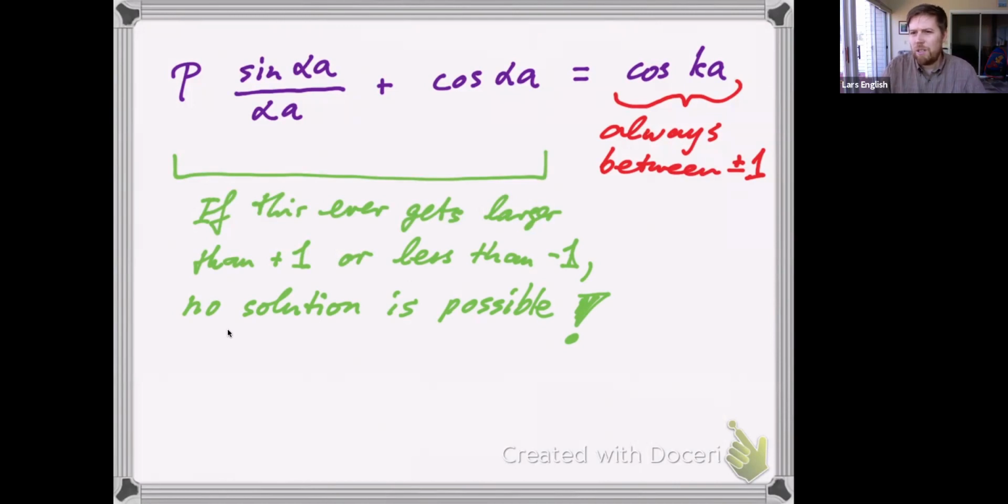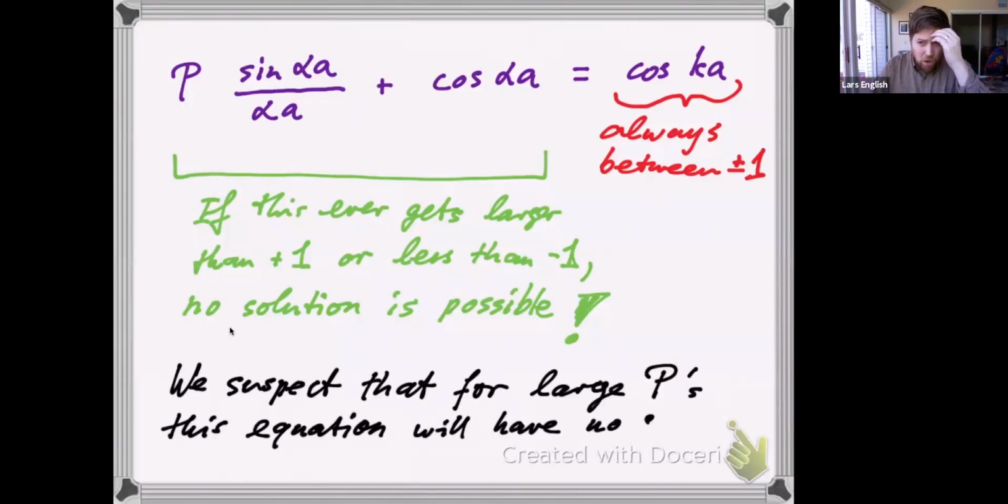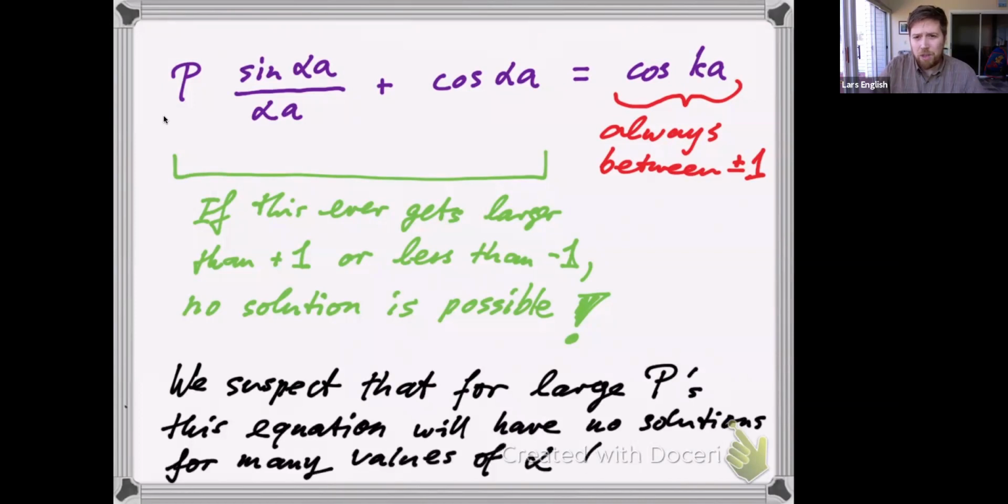There's no solution possible. And so one thing you suspect is that as P, the barrier strength, or the thing that is proportional to barrier strength, gets larger and larger, it's going to be harder and harder to satisfy this, clearly. It's going to be very hard to keep this less than +1, for instance, when P gets larger and larger.